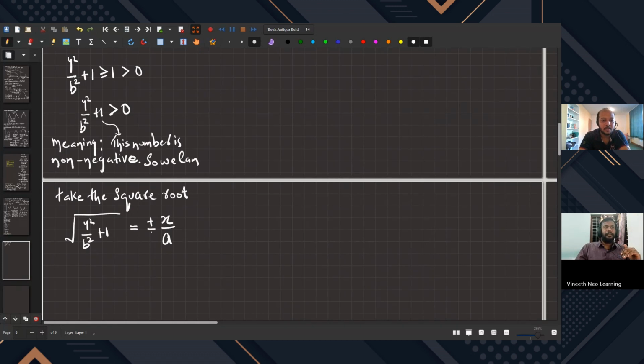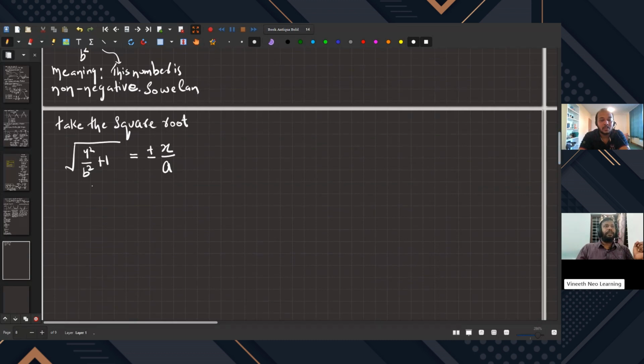I have named those real roots as positive x over a and negative x over a. So if you take the squares, you will get taking squares on both sides.